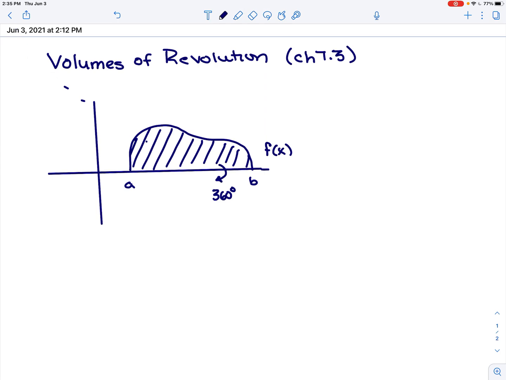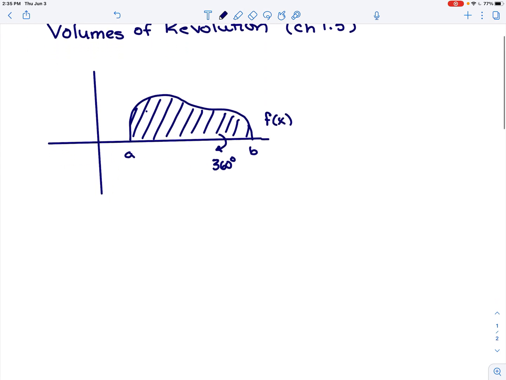Sorry about that. Dropped my pen. When I do that, if you can sort of imagine this, you're going to get this three-dimensional shape. I'll just draw the x-axis there.